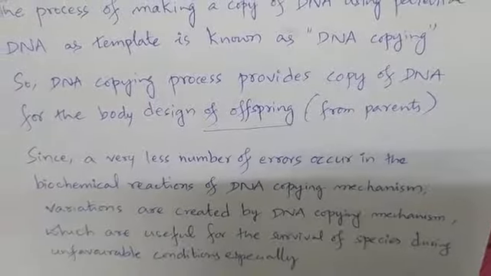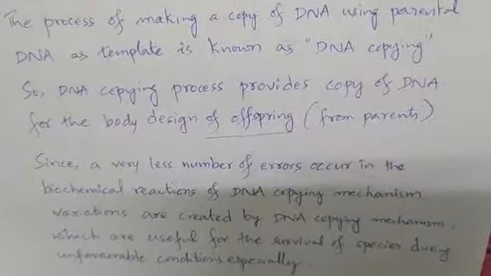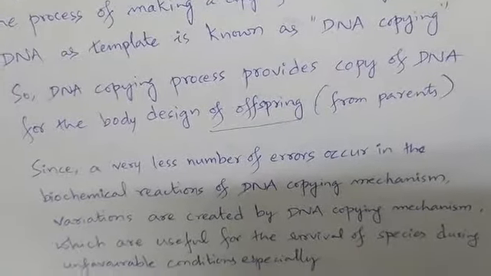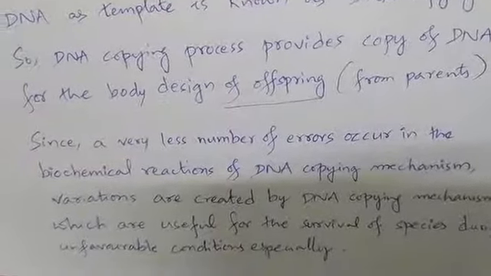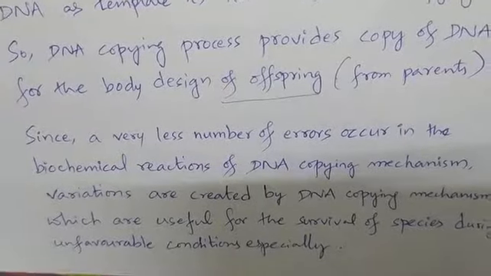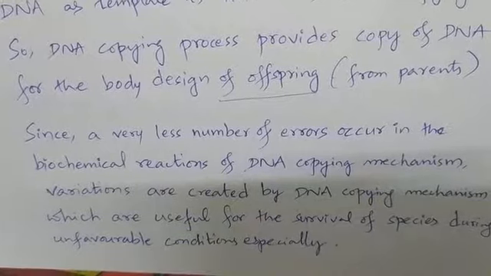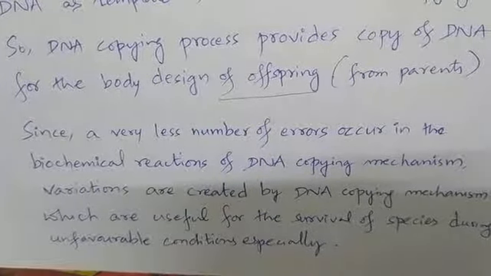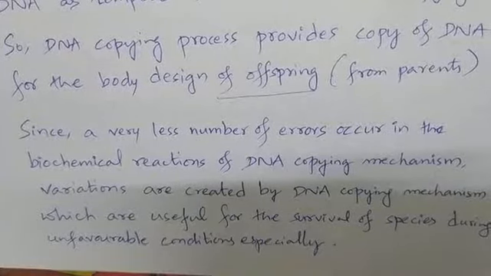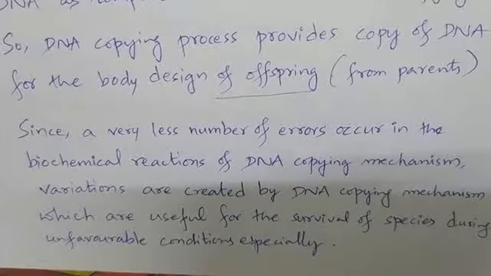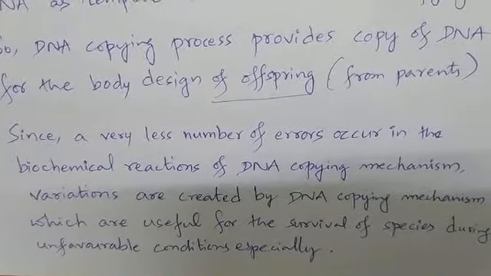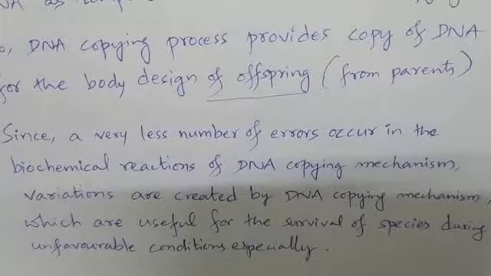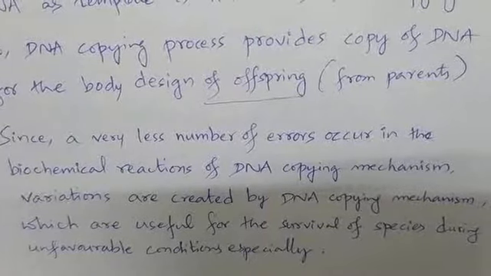No system or process is 100% perfect. Even the DNA copying mechanism is not 100% perfect. Some errors occur in the biochemical reactions of DNA copying, which result in certain variations in the new DNA copy. And these variations are helpful for the survival of species during unfavorable conditions.